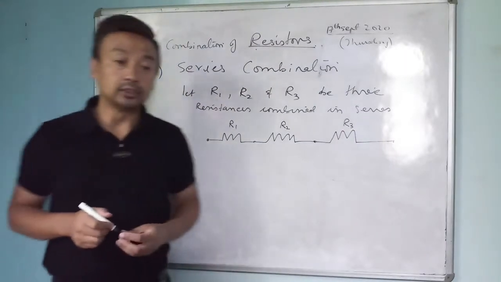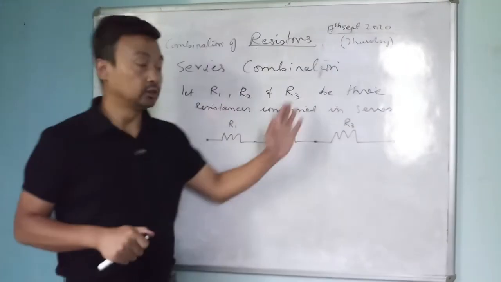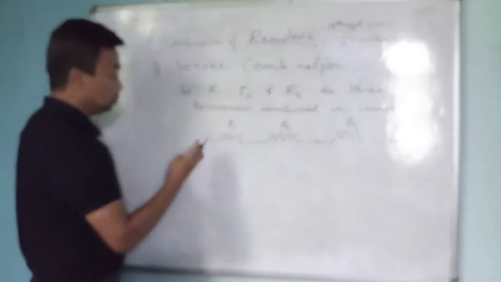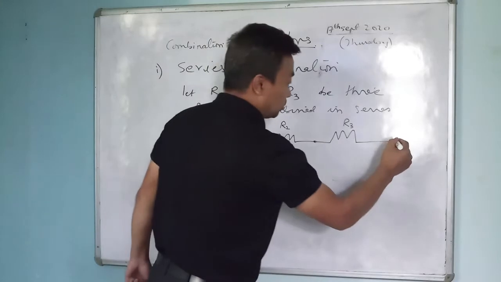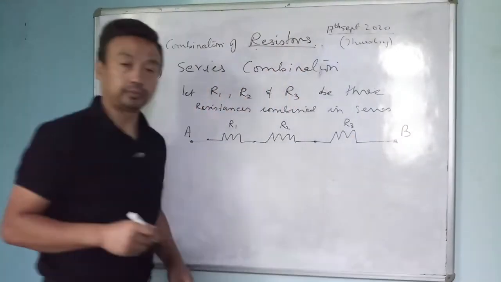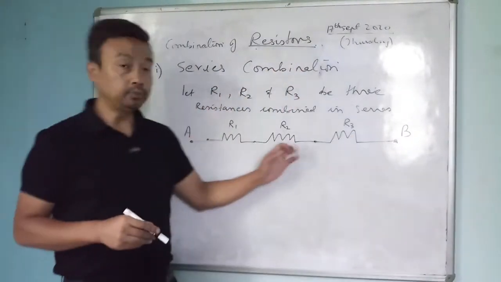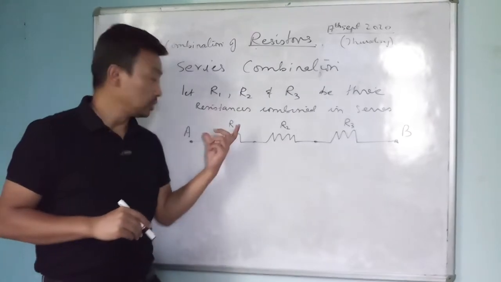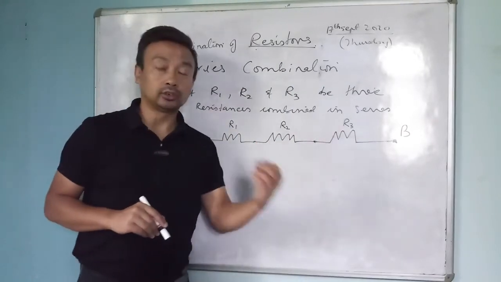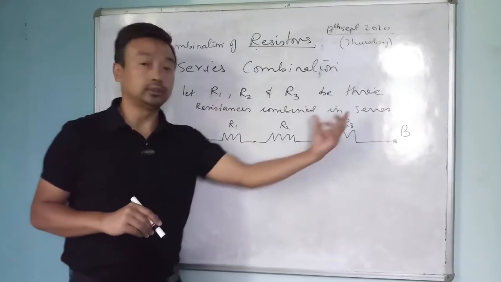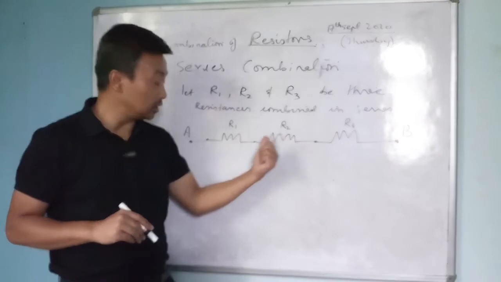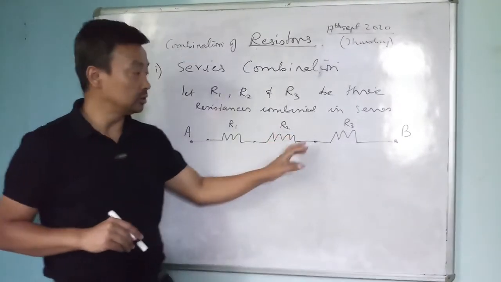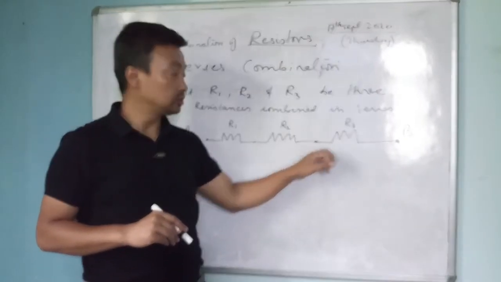Let us take that these three resistors are joined in series between two end points, A here and B here. It is quite obvious that the resistances are joined one after the other, one end of one resistor connected to the other end of the next.